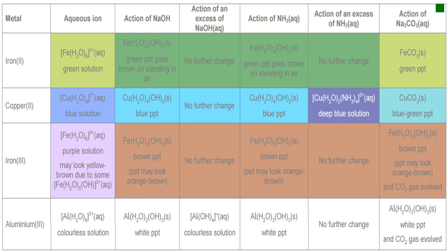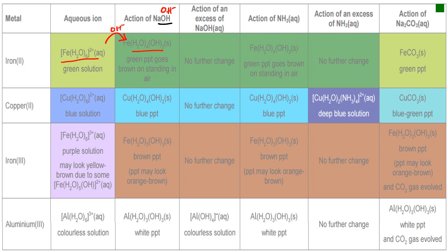Okay, the first thing is when we are adding some sodium hydroxide, we're adding the hydroxide ion. And so we're starting off with the metal aqua ion, and as we add the hydroxide ion, we get the hydrolysis reaction.